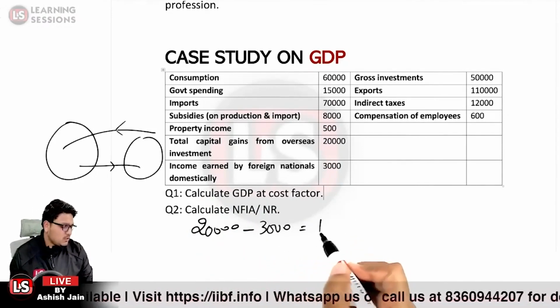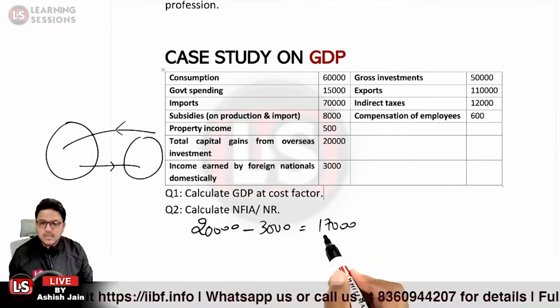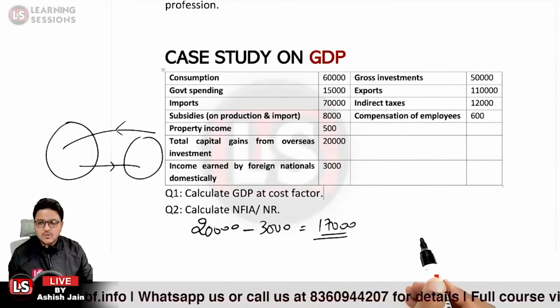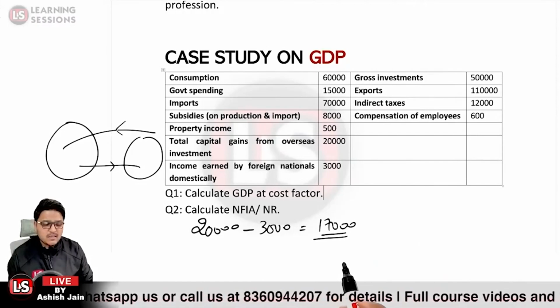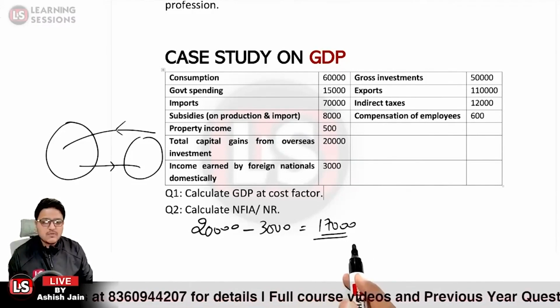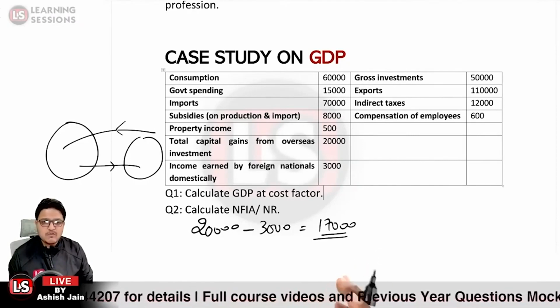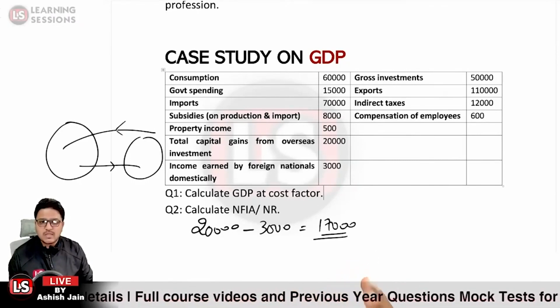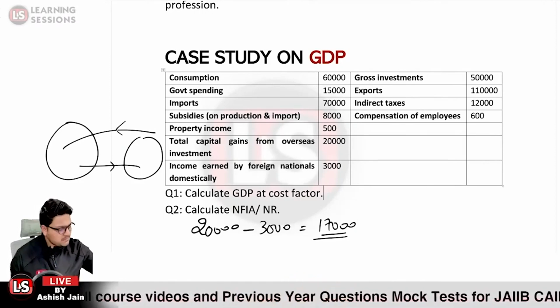So it will be equal to 17,000 crores. Priyanka has answered correctly at the earliest, that is 17,000 crores. So the answer of the NFIA or net receivables will be equal to 17,000 crores in this particular case. Is that clear? Okay.